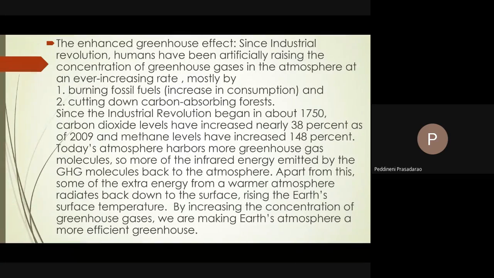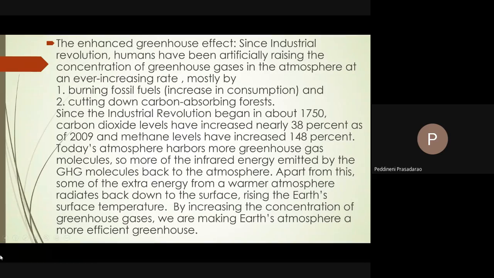And once these gases are there, because of their special property, they absorb the outgoing infrared radiation and retain it, and as a result there is a slow and steady increase in the temperature of the lower atmosphere. This is exactly what is happening.